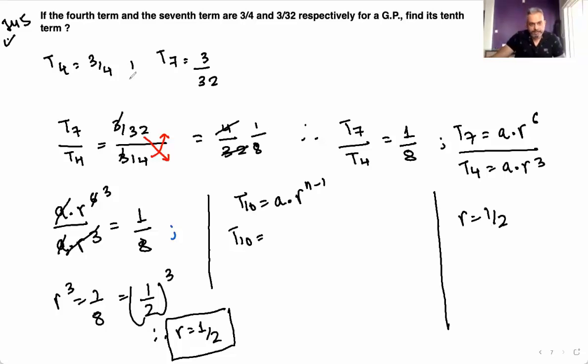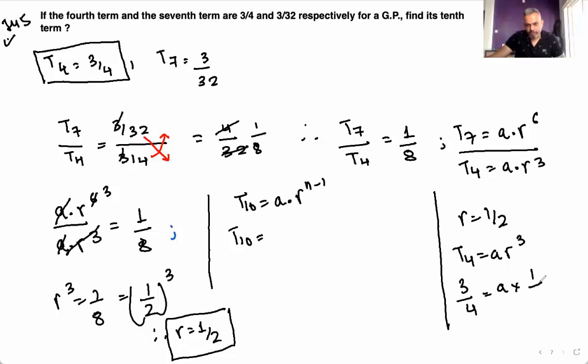Now it is given T4 is equal to 3 by 4. So T4 is equal to a into r raised to 3. So 3 by 4 is equal to a into r raised to 3 is 1 by 8. We have seen this here. So a is equal to what? Cross multiply. So 4 2s are 3 2s are 6. So a is equal to 6.